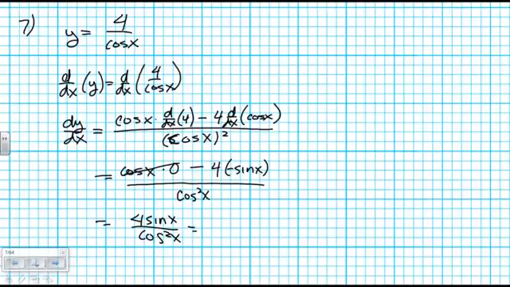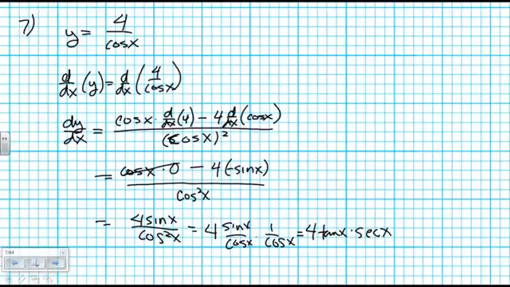If we wanted to be tricky, and the authors often want to do that, they may break this up into 2 pieces and say, oh, that sine over cosine is tangent, and 1 over cosine is secant.